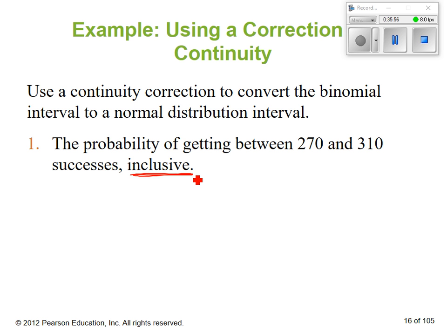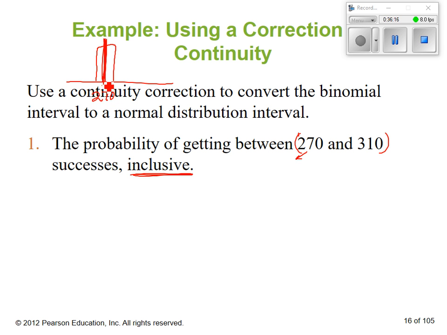On the low end, if our bar looks like this and that's 270, we can't just stop at 270, because that stops us right there.